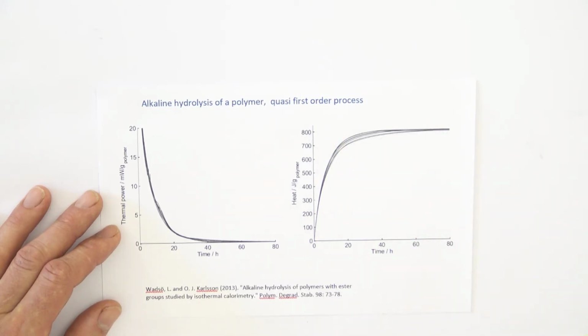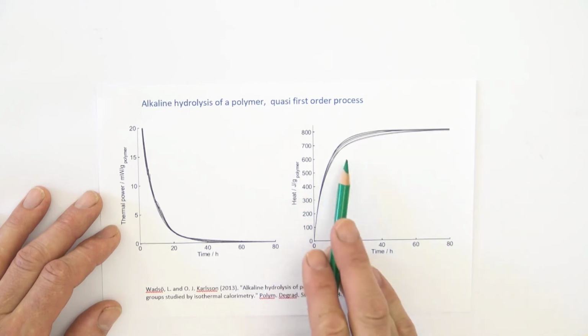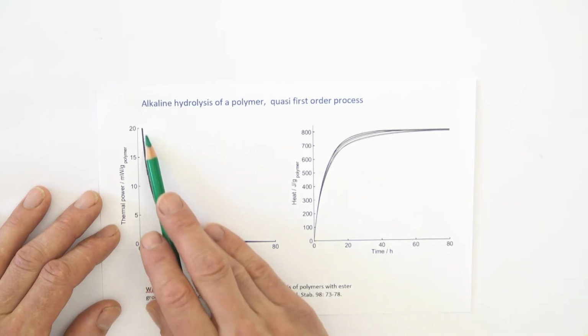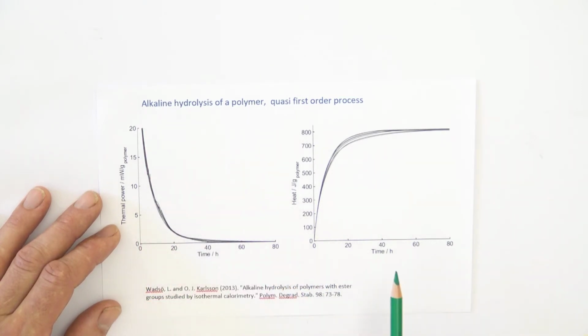That's good. But the problem here is that we don't know the thermal power during the first half hour or hour because of the initial disturbance. So in this case, to construct this diagram, to integrate, I removed the first hour of these measurements and replaced it with an extrapolated curve based on the measurements after 1 hour and later, an exponential curve fit.